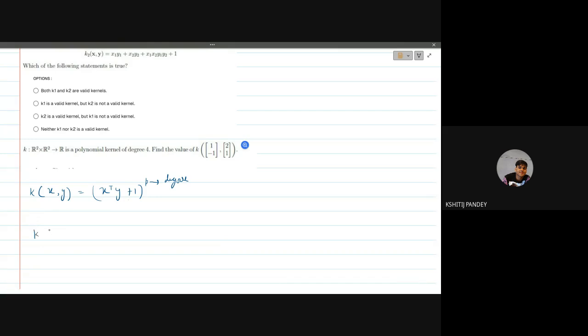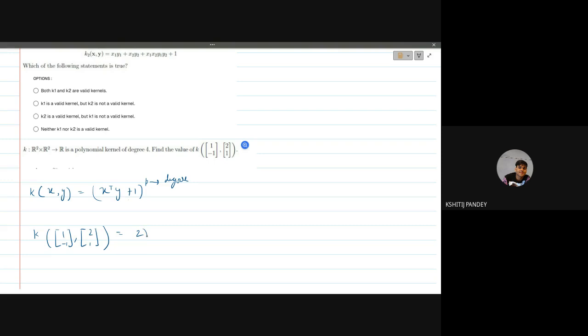So the dot product is what? This is 2, 2 minus 1, this is 1.